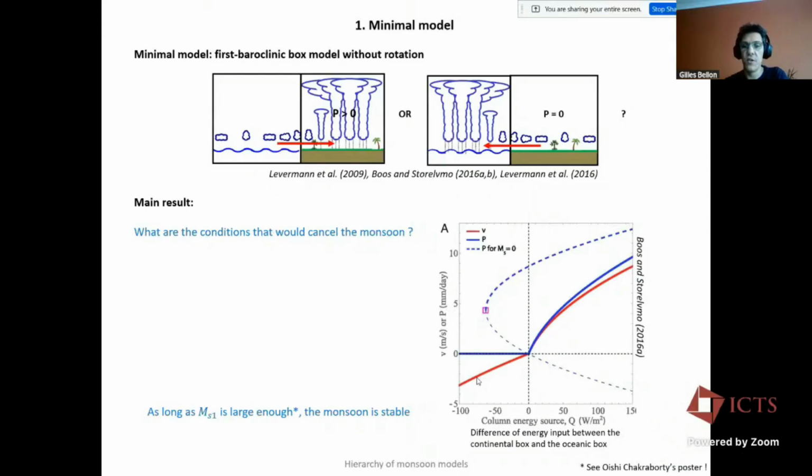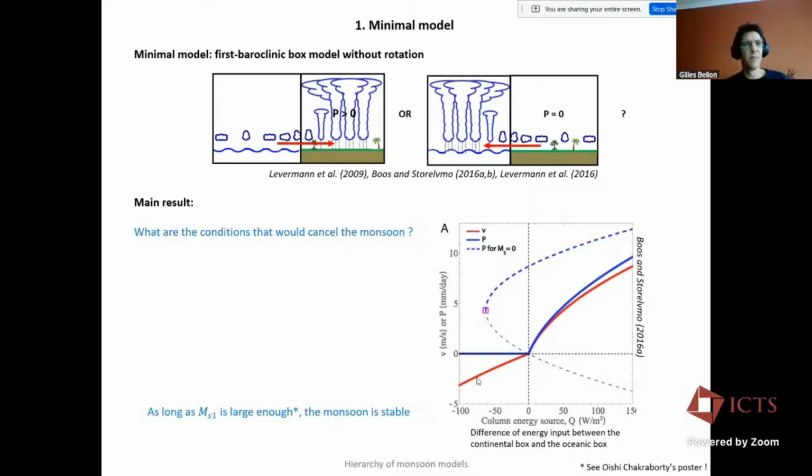You can see Oishi Chakraborty's poster about energy transport in the tropics. It's a little more complex than this simple, slightly positive gross moist stability associated with the first baroclinic mode idea that is the fundamental base of this result by Boos and Storelvmo.